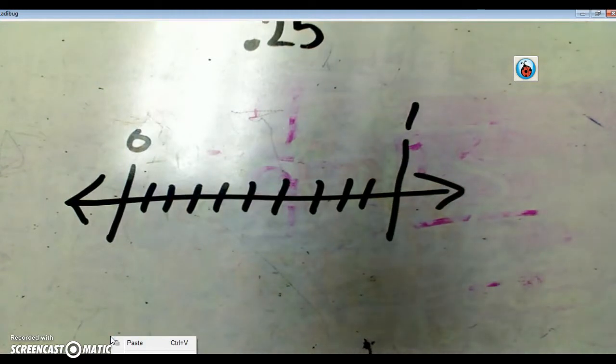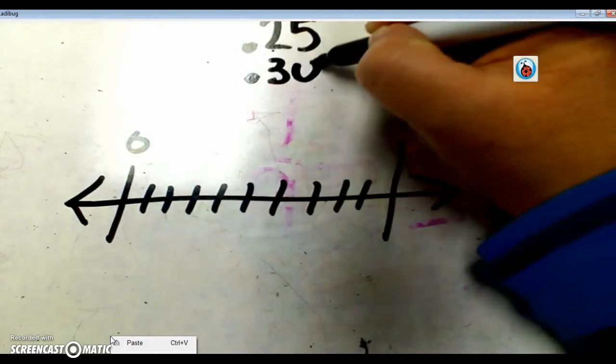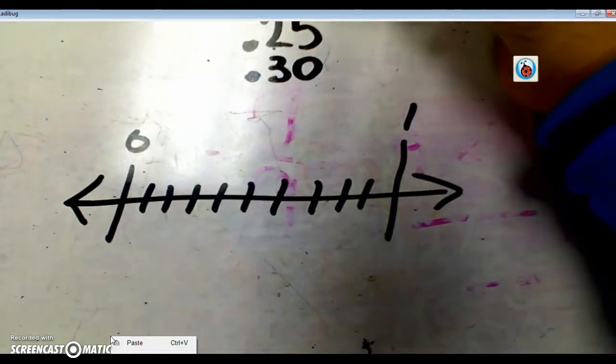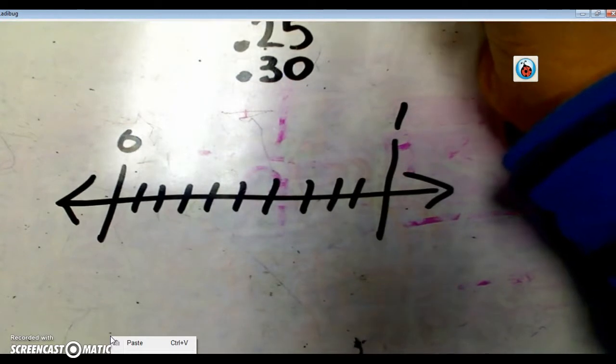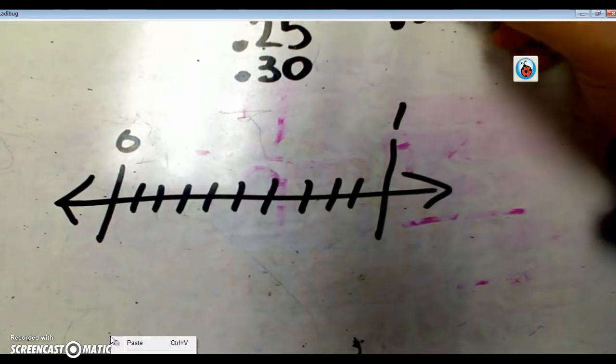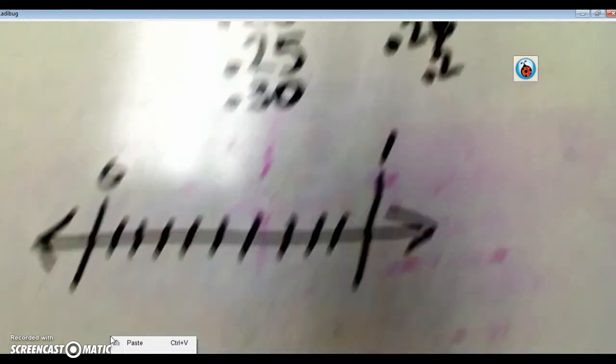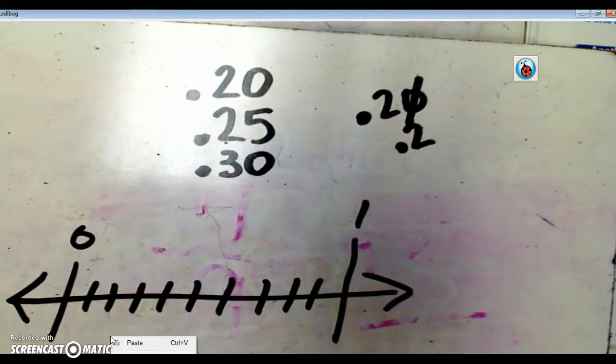Then go one digit that's bigger. You can tell me where 0.20 is, or 2/10. You all realize that 0.20 is the same thing as 0.2, right? I can take that 0 off and it does not change my answer. So all I'm doing is getting the tenth below it and the tenth above it.